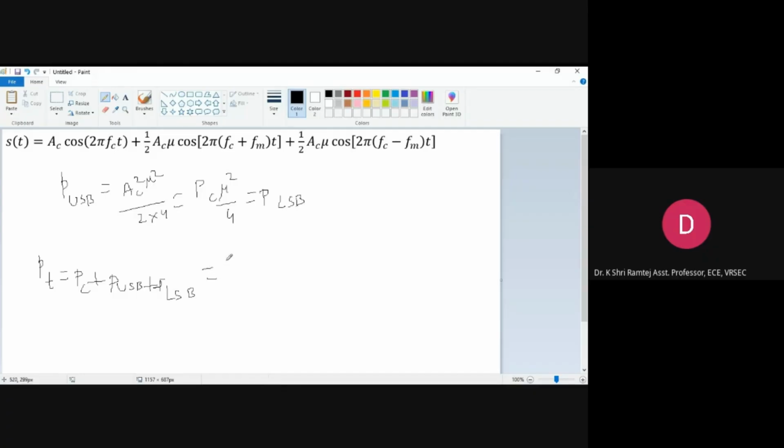This can be written as PC plus PC mu square by 4 plus, again, the power of the lower sideband, which is also PC mu square by 4.